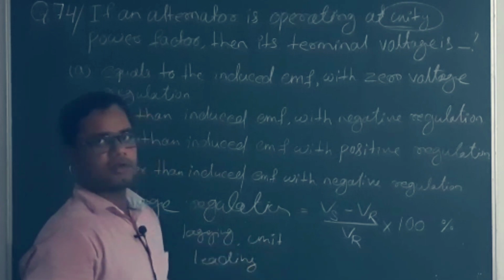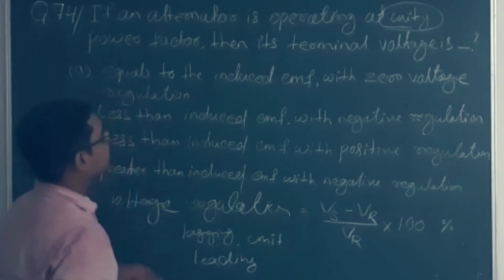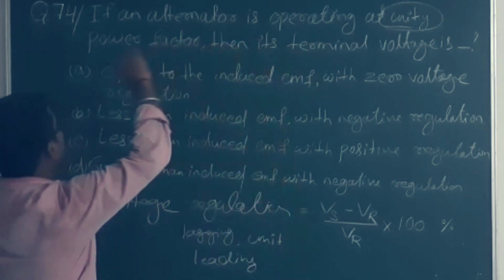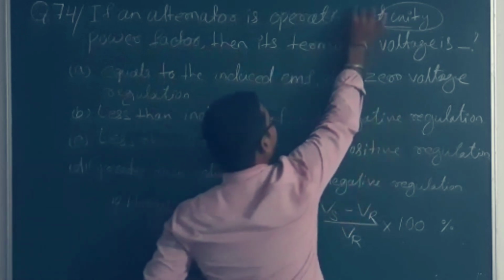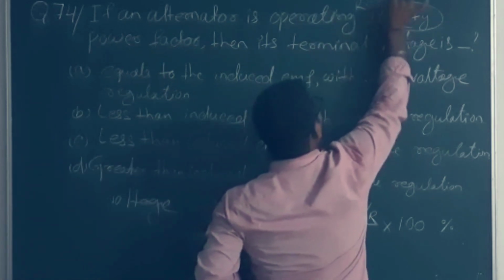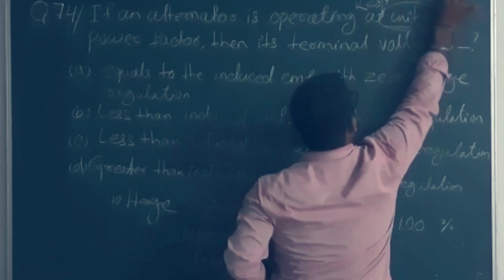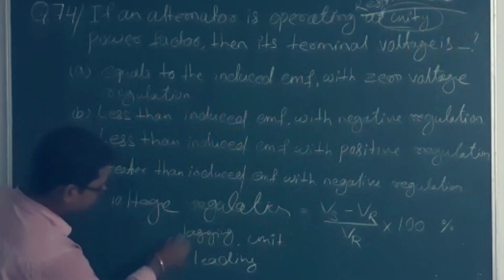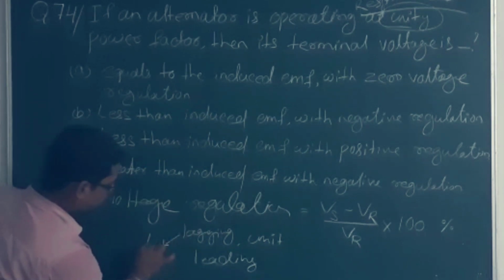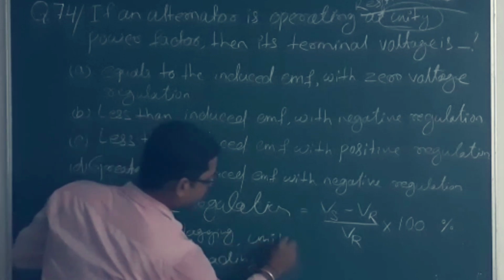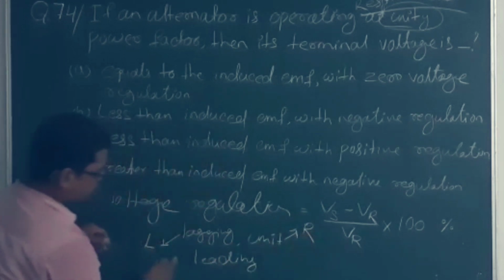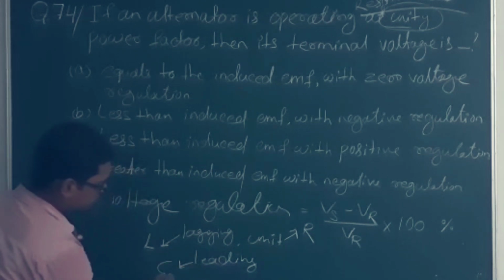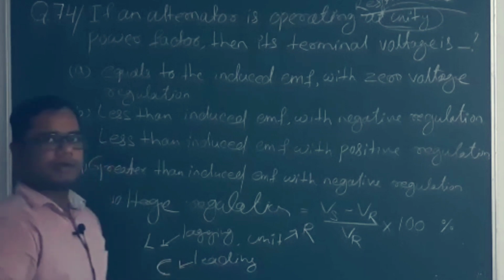The unity power factor is for a resistive load, which means it is connected to a resistive load. Lagging is for an inductive load, and leading is the case of a capacitive load. We have 3 loads: resistive, inductive, and capacitive.